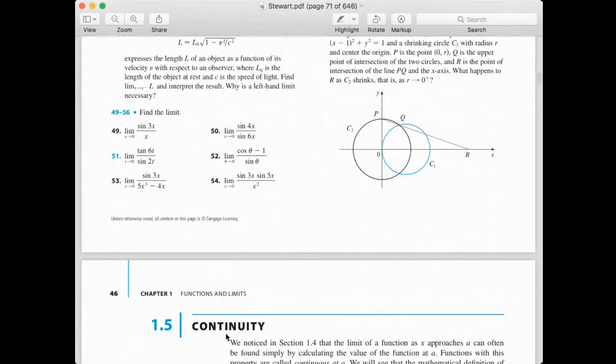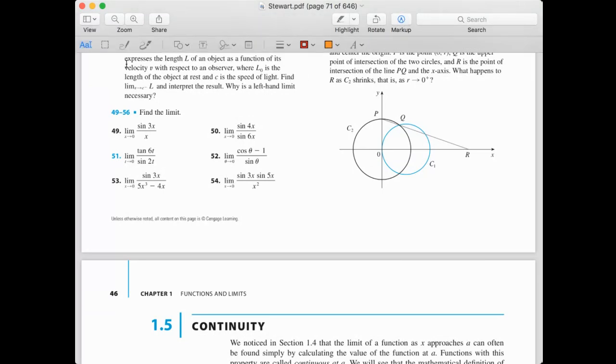Okay, now we're going to review for another identity. Remember, we have the identity: when x approaches 0, the limit of sine x over x is 1. So I'm going to use this to try some questions. On your own, try 49.